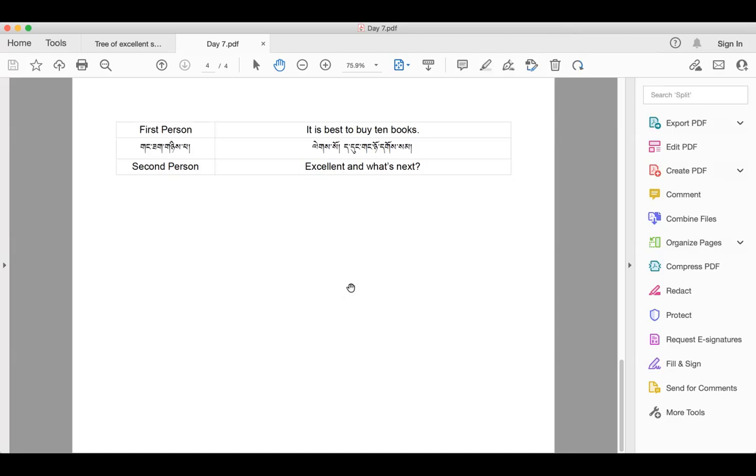So in particular cases, we also hear de khare re ve, which is also a particle asking what is this and making it into a question. But here we will use the more common way of saying it, which is de khang re tham.